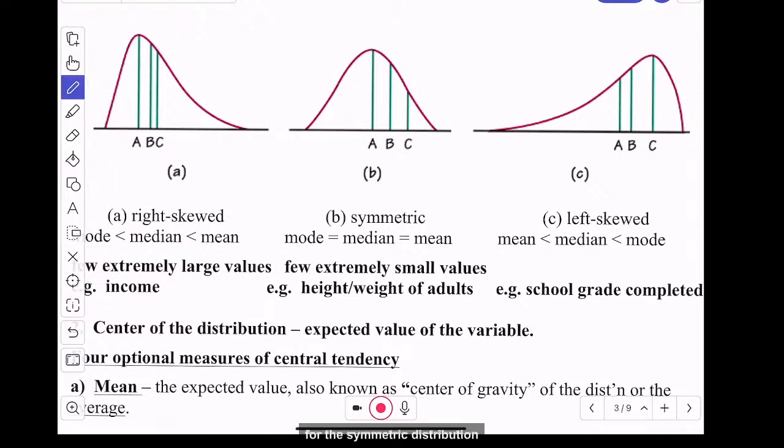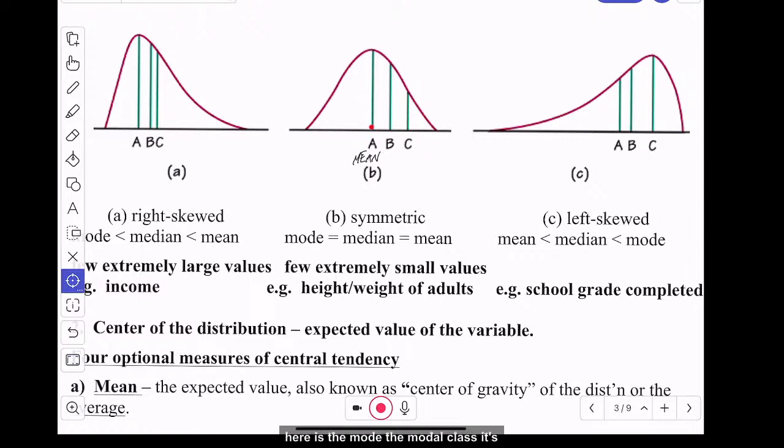For the symmetric distribution, the balancing point is here, right, on A. So the mean is in the class at A. It's in that group. It's one of those numbers in there. So you've got to remember, I haven't put the data in here, but you could, okay? So the mean is there.